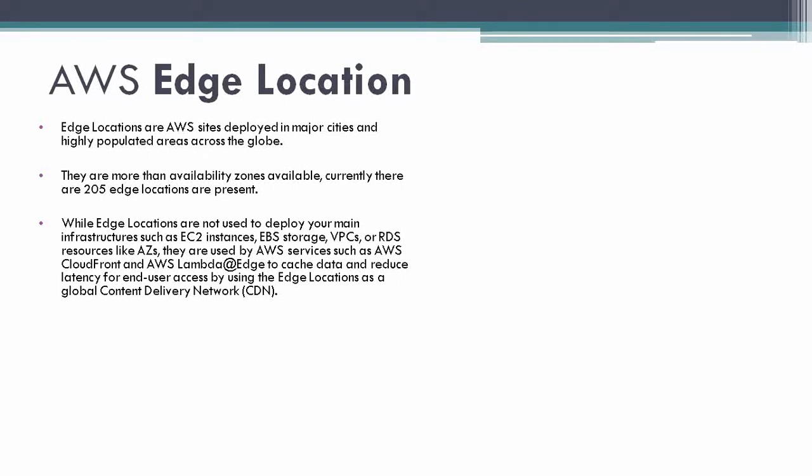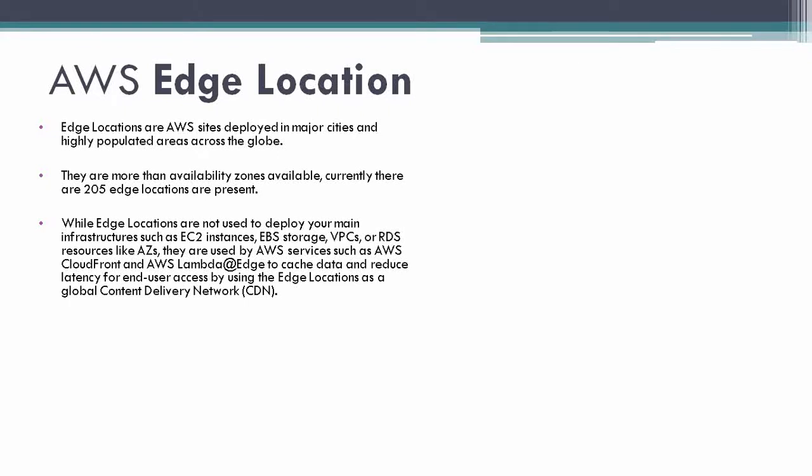Edge locations are not used to deploy your main infrastructure such as EC2 instances, EBS storage, VPCs, or RDS resources like AZs. They are used by AWS services such as AWS CloudFront and AWS Lambda@Edge to cache data and reduce latency for end users, using the edge locations as a global content delivery network.